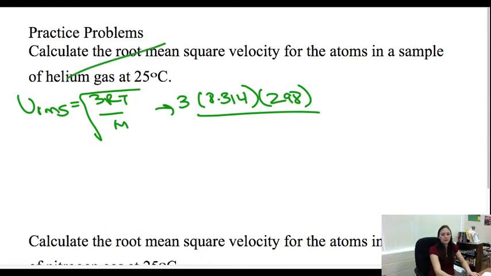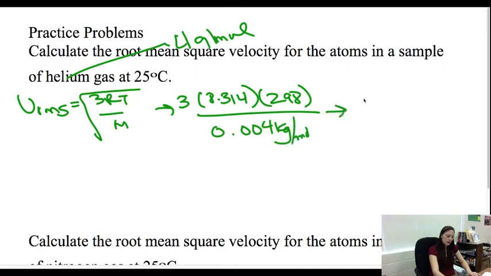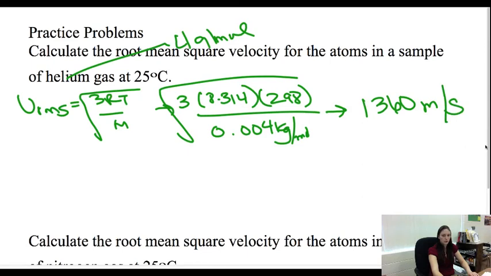My molar mass of helium is normally 4 grams per mole, so in kilograms, that's 0.004 kilograms per mole. So I multiply and then divide, take the square root, and we get 1,360 meters per second.